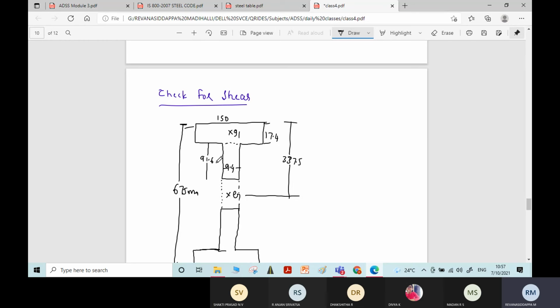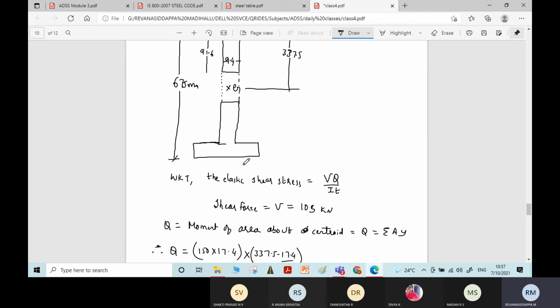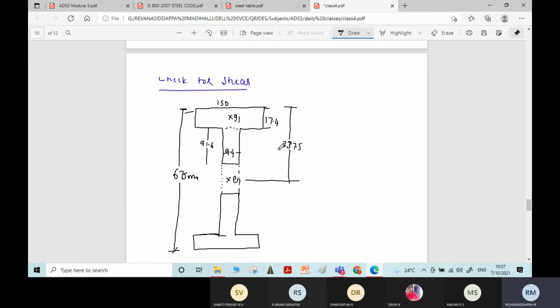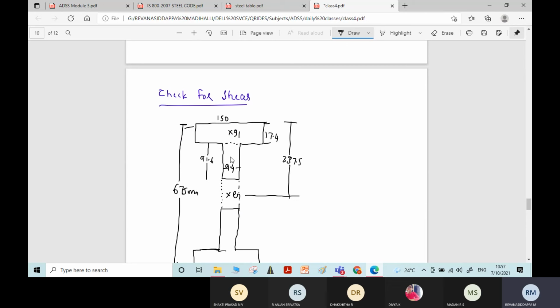Then A2 Y2 means moment of this web about the centroid. Area of web is 91.6 multiplied by 9.4, right? Plus 91.6 into 9.4 into Y2. Y2 means distance of centroid G2 of this web from the centroid of the whole figure.